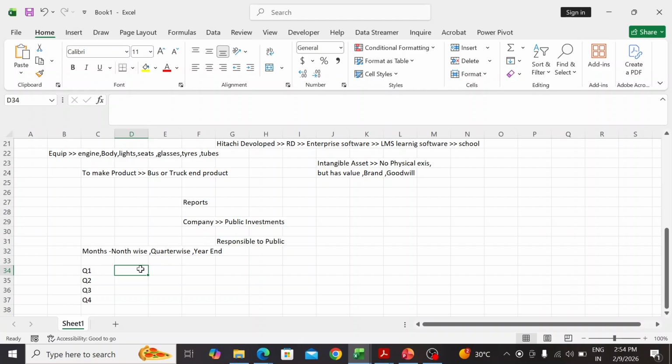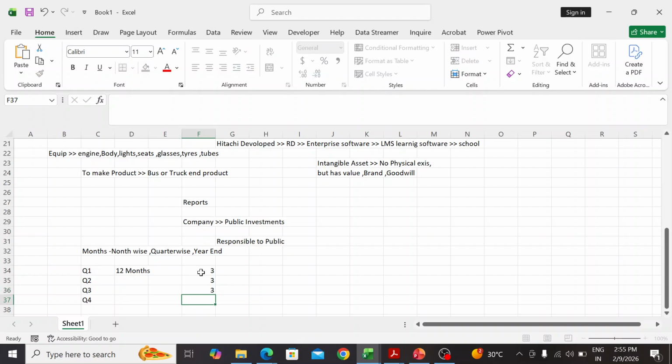They divided the 12 months of the year into four quarters. Each quarter has 3 months. 3 months means whatever the transactions happened in these 3 months, they are showing in the form of reports.